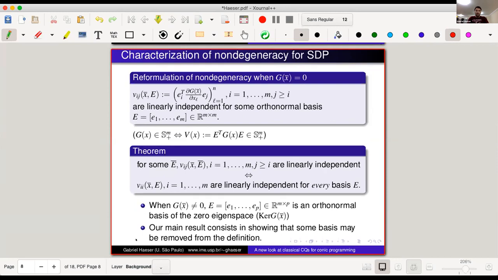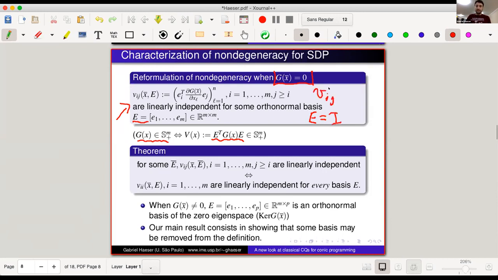Okay, so for SDP, we have a similar characterization. But here first, we need to rewrite the non-degeneracy condition by changing the basis. Since we are at 0, actually we can do this type of thing. You can rewrite your constraint multiplying by a basis matrix E. So E is an orthogonal matrix, each column is orthonormal. The previous definition was when E was equal to the identity.